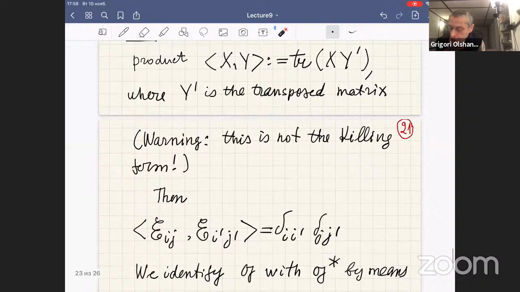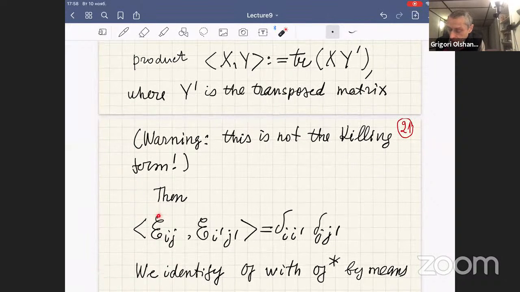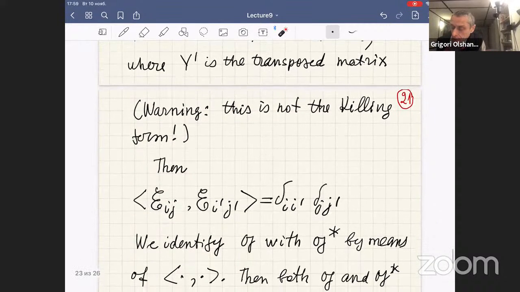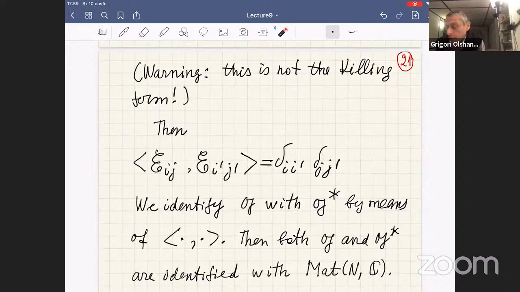Under this definition, we get that our elements are just an orthonormal basis with respect to this inner product. So the product of two elements is 0 or 1, depending on whether the indices are the same or not. And once we have an inner product on a finite dimensional space, we can identify our space with the dual space by means of our inner product.